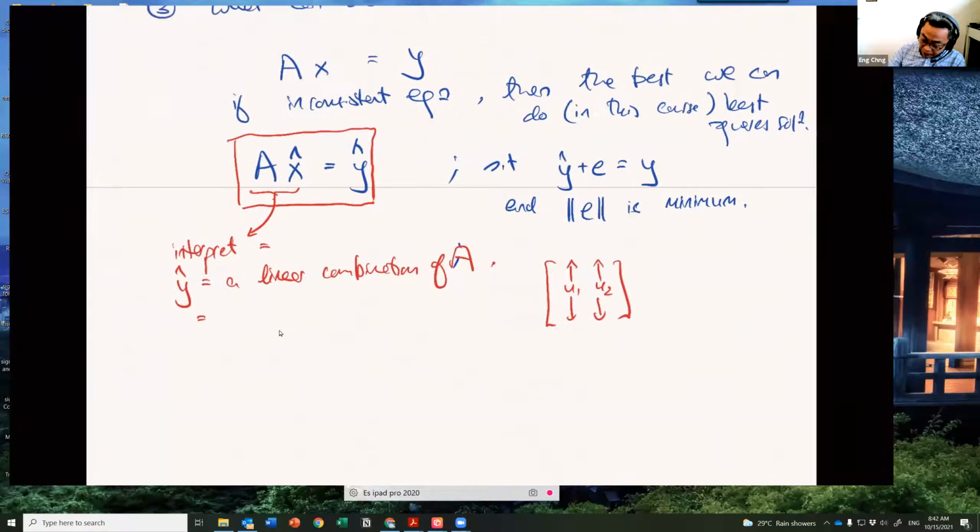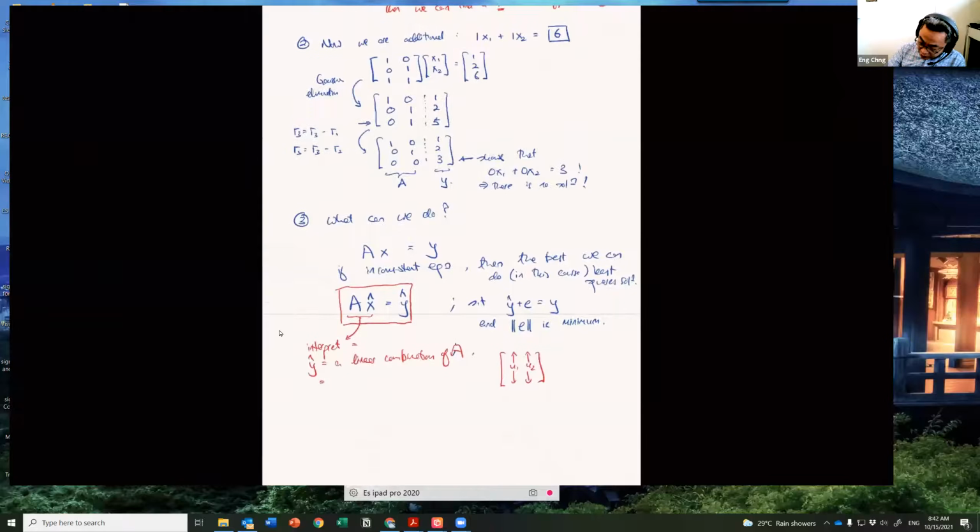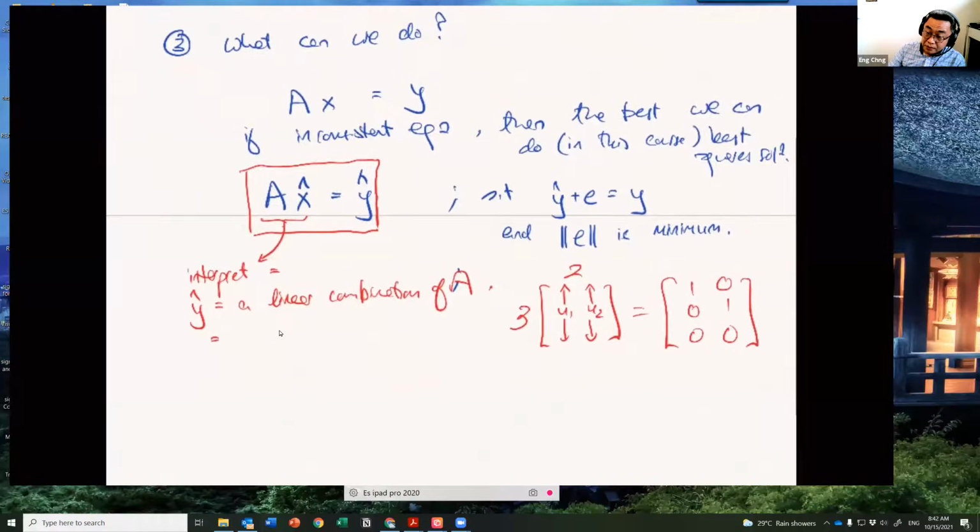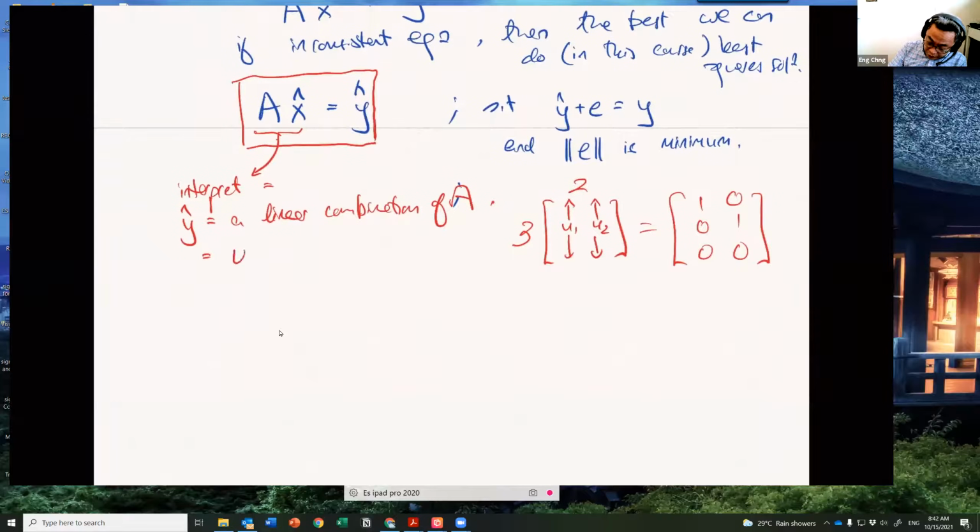Our A, remember, is nothing but a 3 by 2 matrix equal to 1, 0, 0, 0, 1, 0. Therefore Ax hat is nothing but u1 times x1 plus u2 times x2. Sometimes I put a dashed line below to show you that they are vectors, and x1 and x2 are the entries of the vector x in this Ax hat.